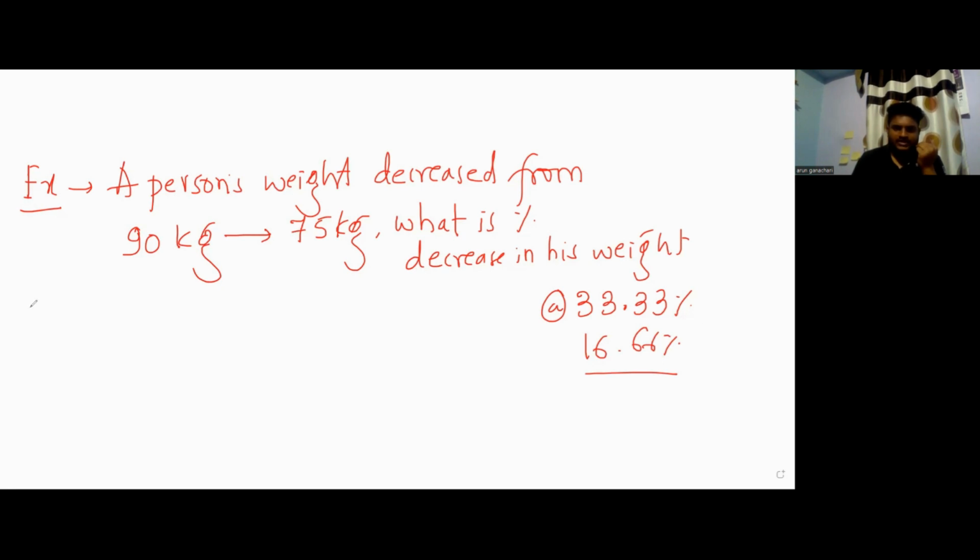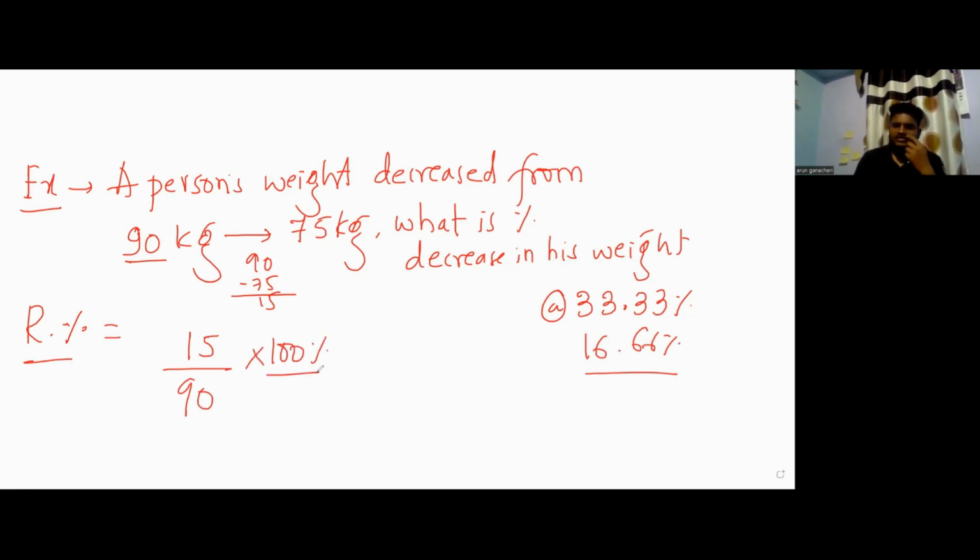The rule basically says required percentage is equal to, we have to find the difference. What is the difference between 90 and 75? What is 90 minus 75? 15. So 15 divided by the initial value. The initial value was 90 kg into 100 percentage.